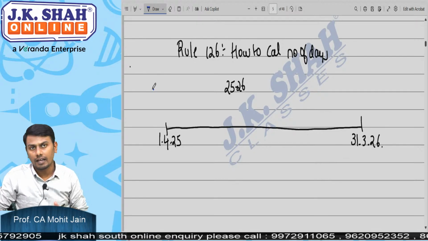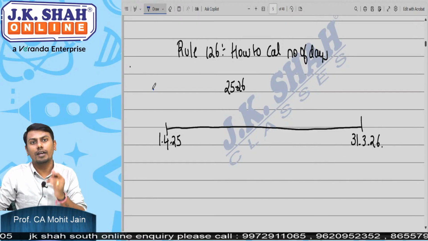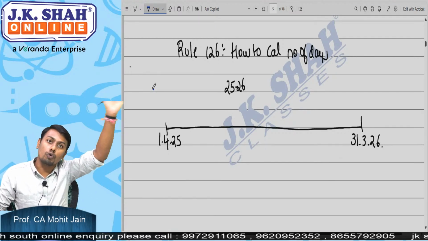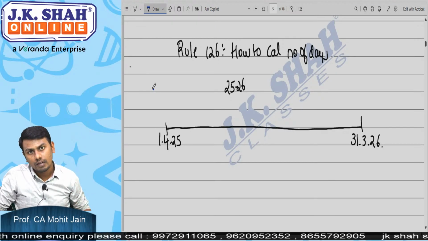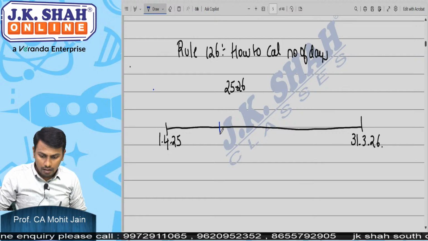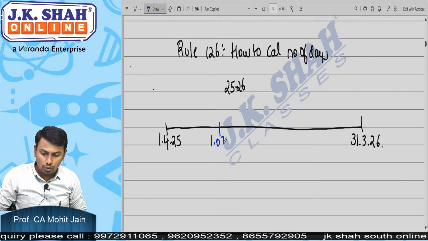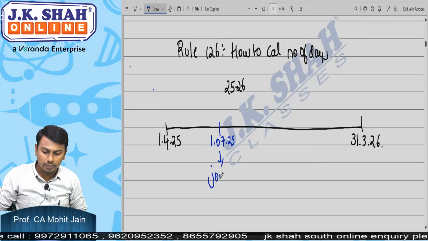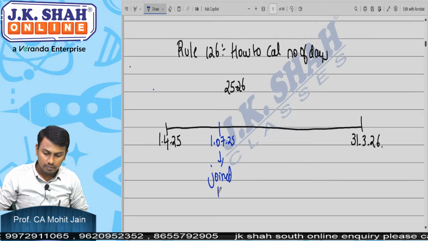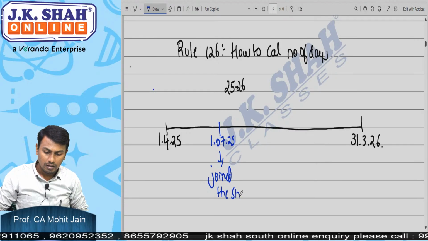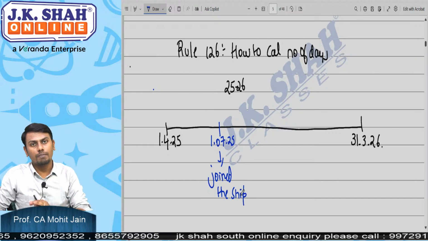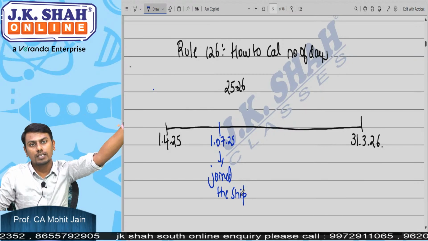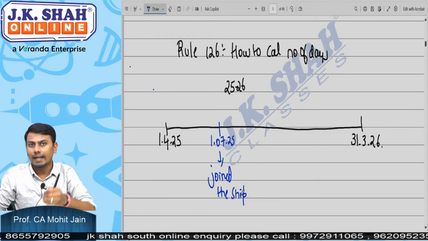One fine day, my company said, now we have to take our ship and go to US and come back. So on 1st of July 2025, I joined the ship. Now that ship from India will go to US, and from US again it will come back to India.